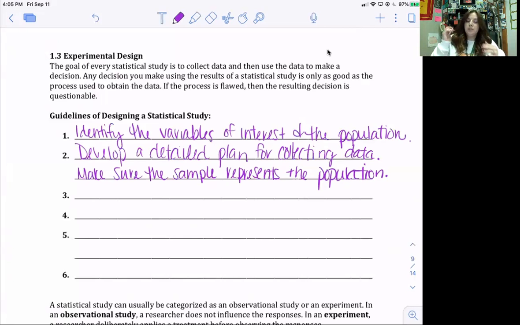So our third step, collect the data. And we'll talk about the different methods of doing this here in a few seconds.